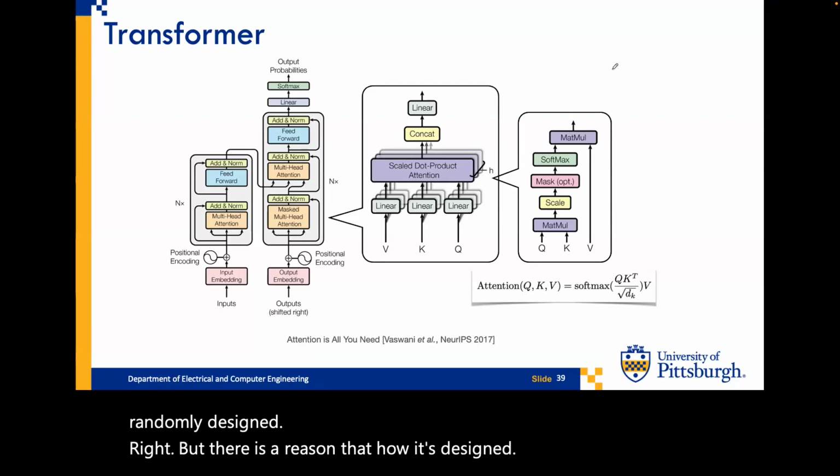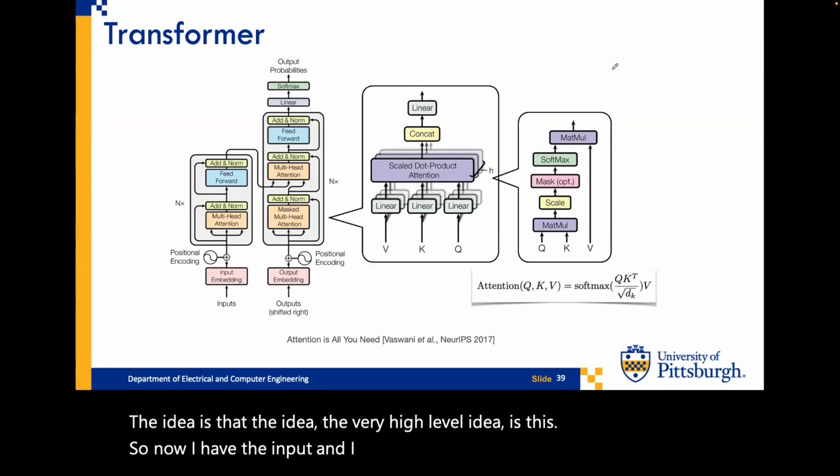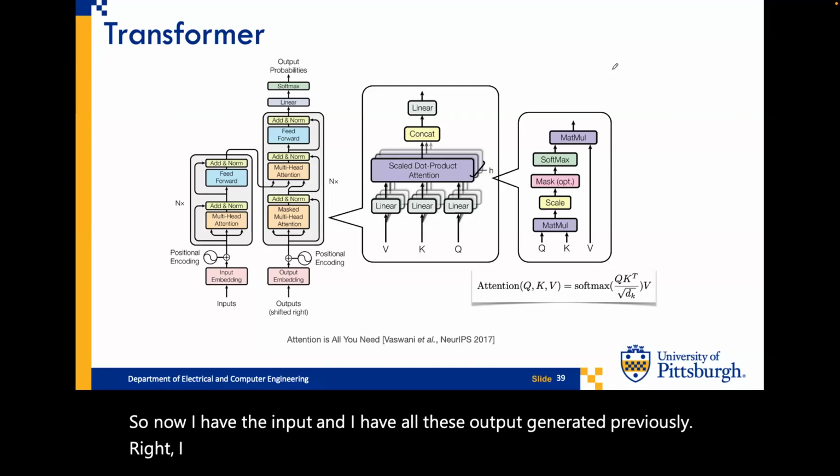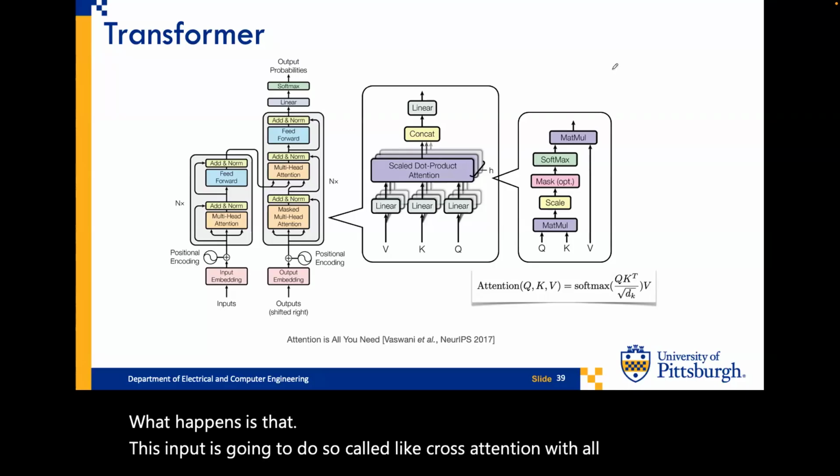The very high-level idea is this. Now I have the input and I have all the output generated previously, right? I have all the older tokens already generated by this whole model. What happens is that this input is going to do so-called cross attention with all these previously generated outputs.